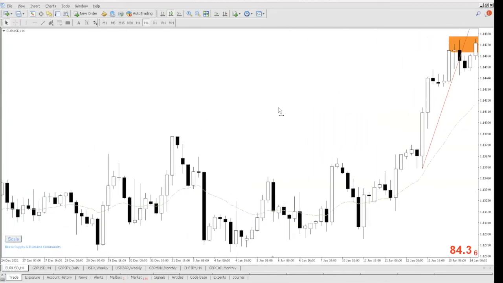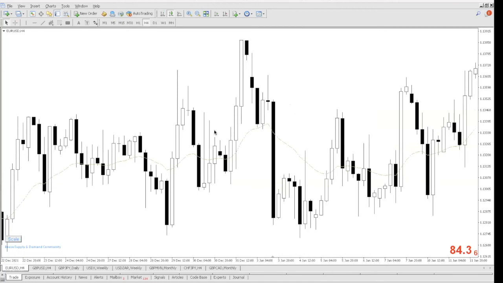Now look here, look at these two, rally up, rally up. Where did it cross? Somewhere here. This is the only valid entry point.